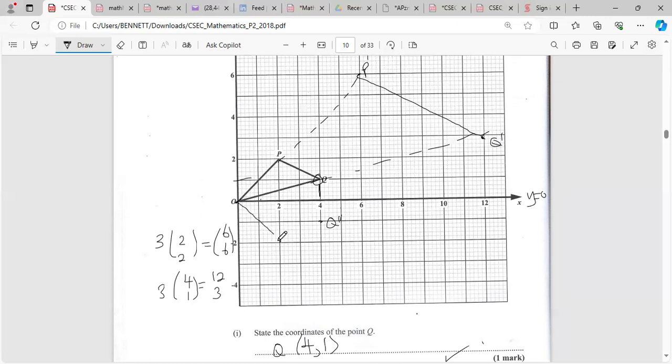Just draw a line. Draw this one, and then from here to here, and there you have it. That's the reflection. This point should be P2, and this Q2. So you have to show them so you understand. Alright, so it's the distance from one to the next.